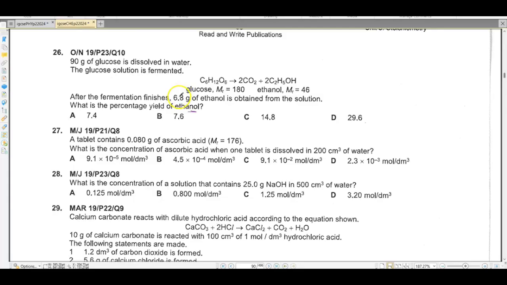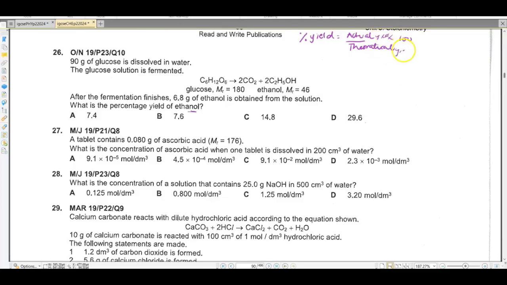In this question, we have been given the actual yield of ethanol, and as we know the formula for percentage yield is actual by theoretical yield into 100.